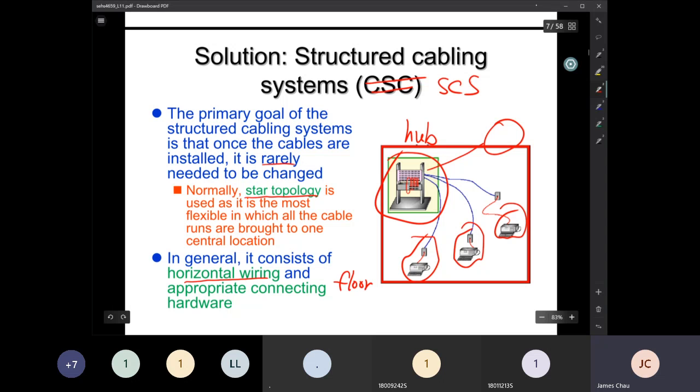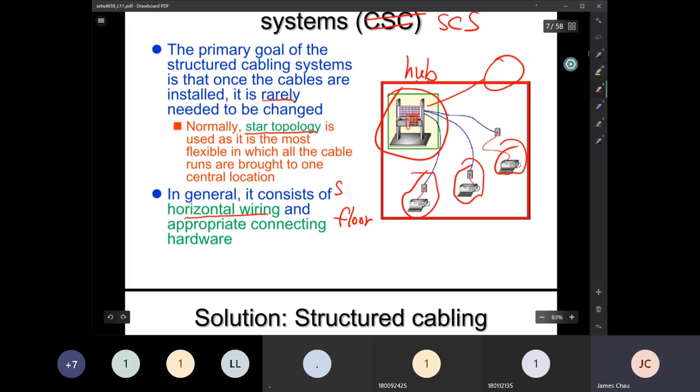Same floor. Therefore, the cables are installed horizontally, and we give the name horizontal wiring. And later we will describe the horizontal wiring to you.